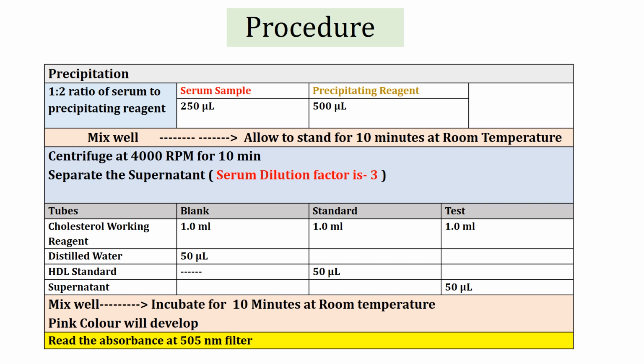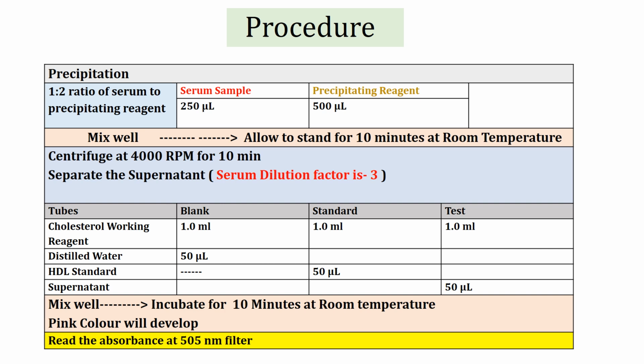Now this is the procedure for estimation of serum HDL cholesterol. First, for the precipitation reaction, serum sample and precipitating reagent are taken in 1:2 ratio. For this, 250 microliter of serum sample is mixed with 500 microliter of precipitating reagent. This solution should be mixed well and allowed to stand for 10 minutes at room temperature.